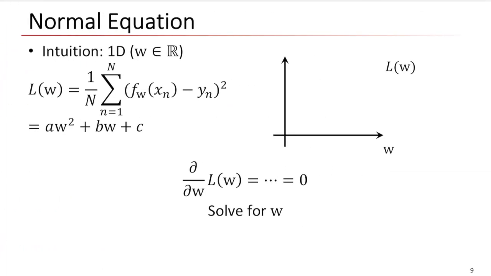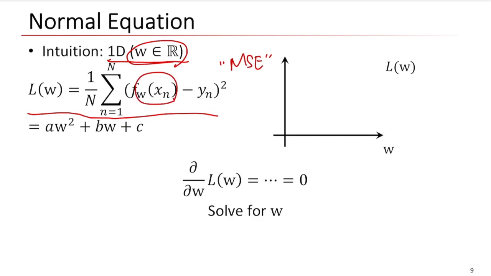First of all, let's think about the case where we only have a single parameter w, and the loss function looks like this with the MSE cost function. Then it's just w times x_n, because we only consider a single variable.